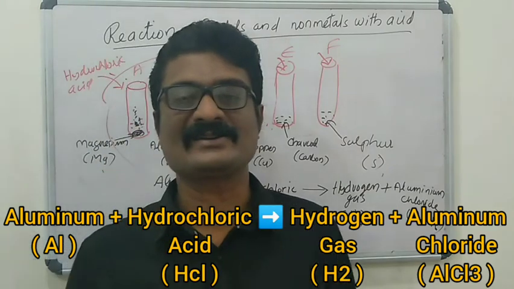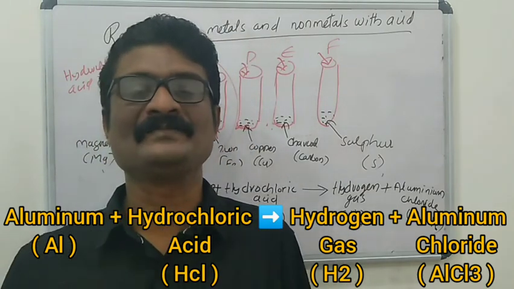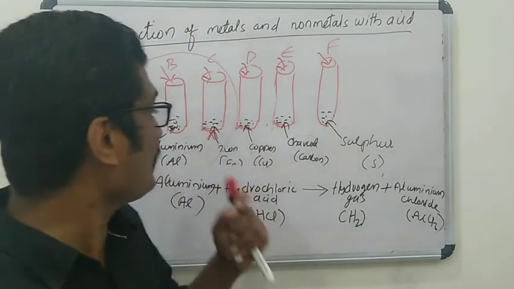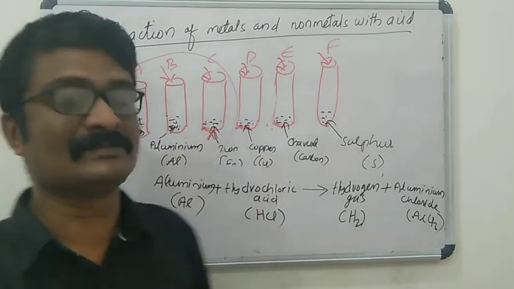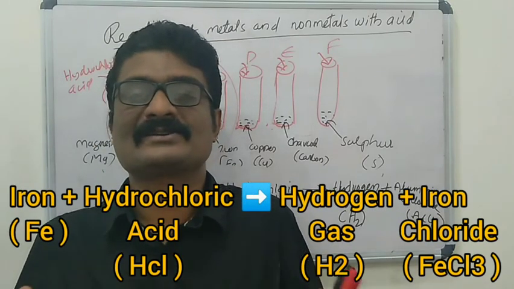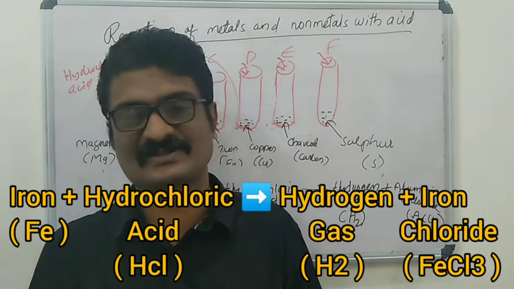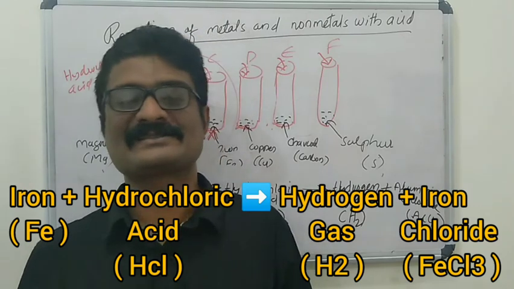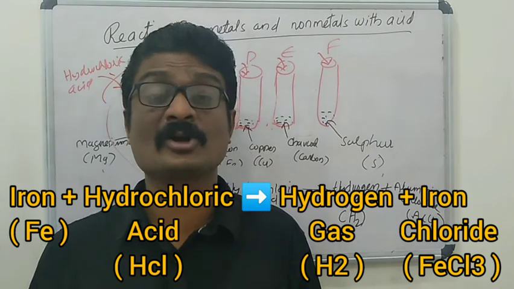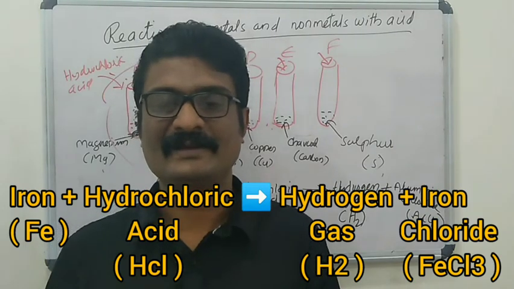In a similar manner, iron reacts with hydrochloric acid, forms hydrogen gas and a salt. The salt is iron chloride.